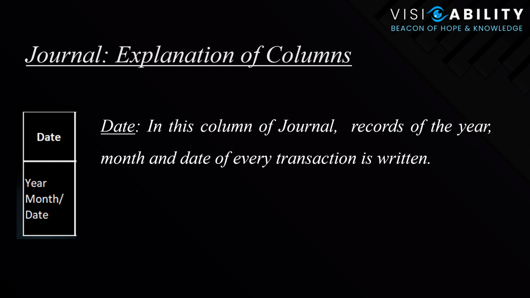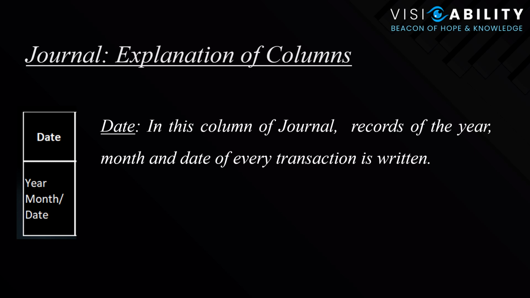Coming to the first column, that's the date column. Please do remember that whenever we are making entries, we do it on every line. So every journal entry that we begin would be written horizontally, on every line.